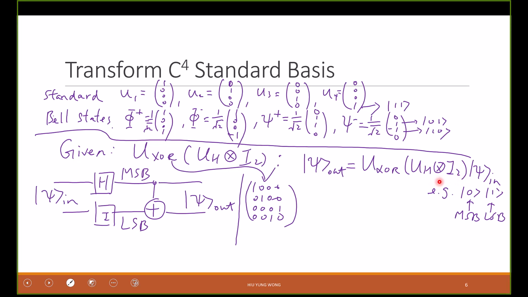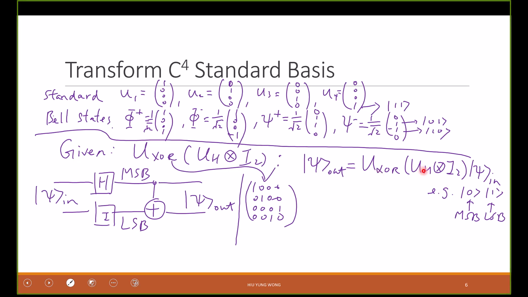Question? Yes. We have had this convention since the beginning, right? When we deal with, for example, the Hadamard gate, we have n Hadamard gates. The first one applies to the first zero, right? Second one applies to the second zero.